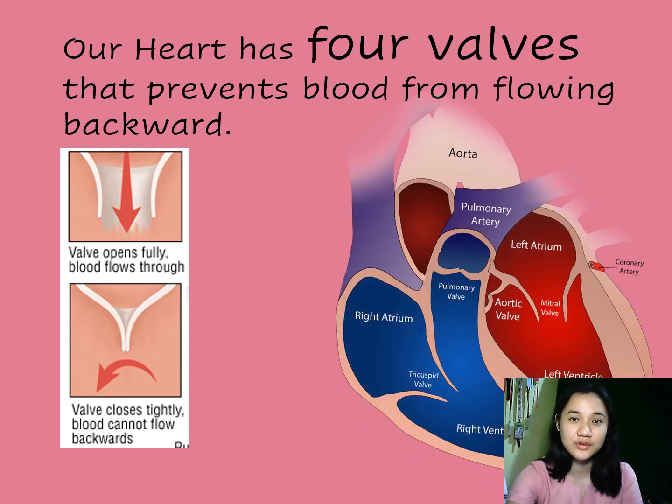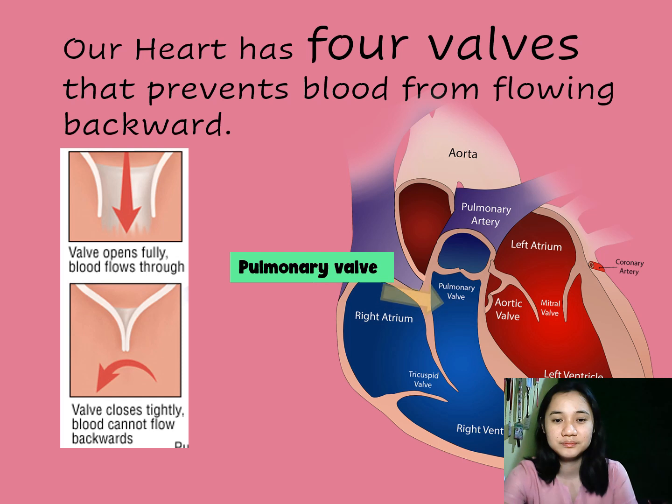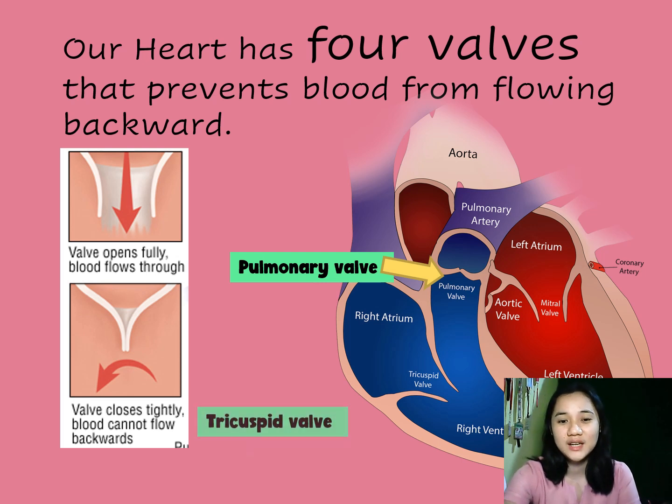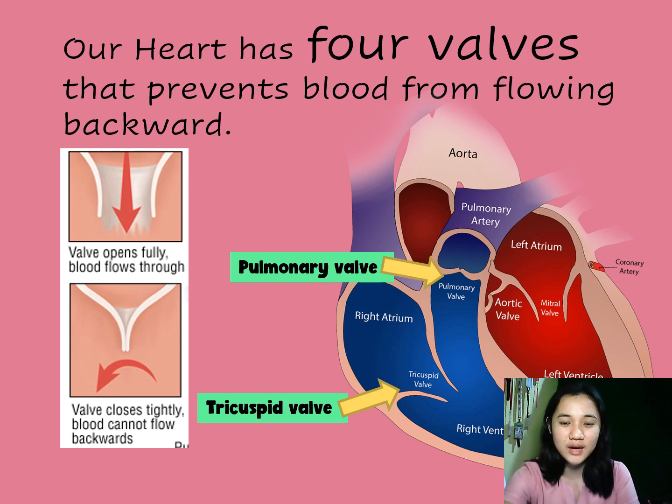So again, we have 4 valves found in our heart. We have the pulmonary valve. Malamang makikita siya sa pulmonary artery. Then we have the tricuspid valve. It is in between right atrium and right ventricle.